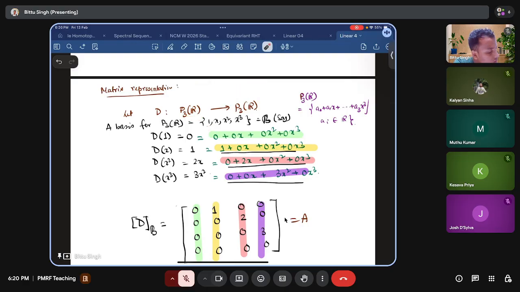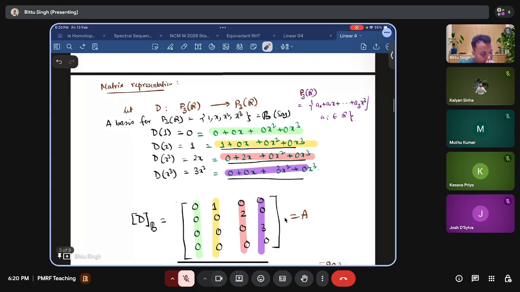For example, this a0, a1, a2, a3 you can identify as this vector. So whatever linear transformation is given, you view it as a transformation between Rn and Rm, and the matrix representation is simply x goes to the matrix multiplication A times x.